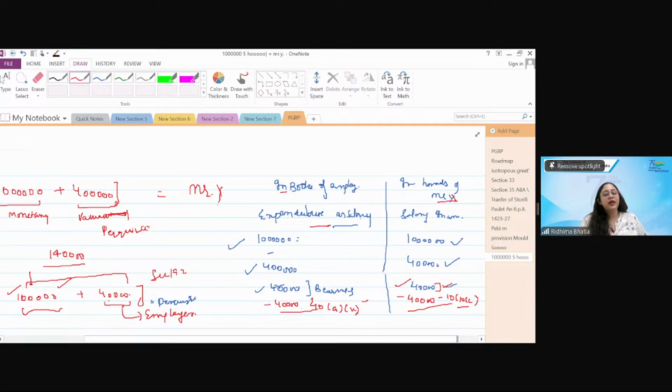And this disallowance is attracted under section 40(a)(5). Everything else is taxable, everything else is deductible. Normal salary is taxable and deductible in the hands of employee and employer respectively. Even perquisites are taxable, but tax on non-monetary perquisite is not taxable in the hands of the employee, and hence it is not deductible in the hands of the employer.